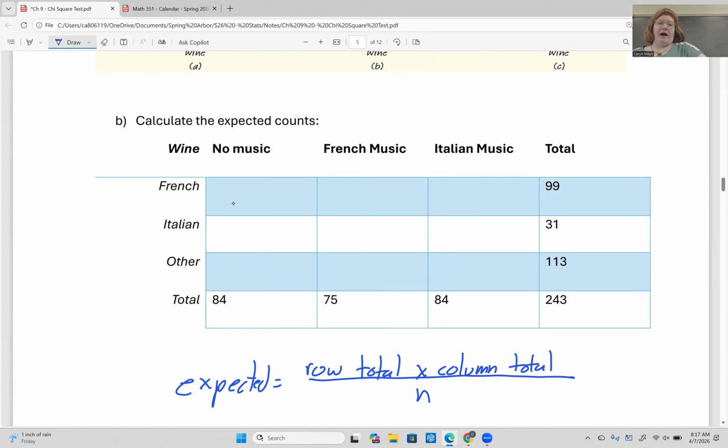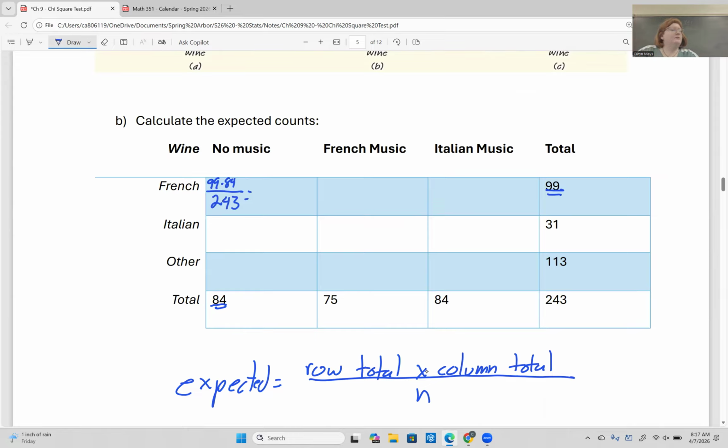243. So if I wanted to fill in the French wine no music cell, my row total is 99. My column total is 84. So I'd have 99 times 84 divided by 243.